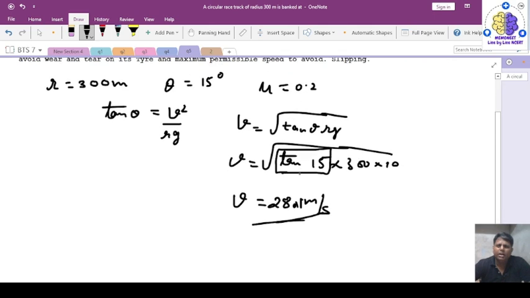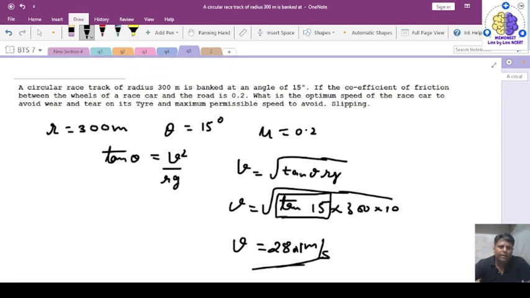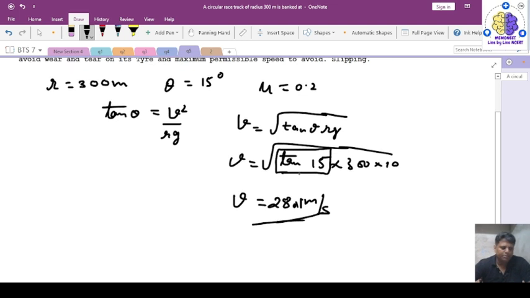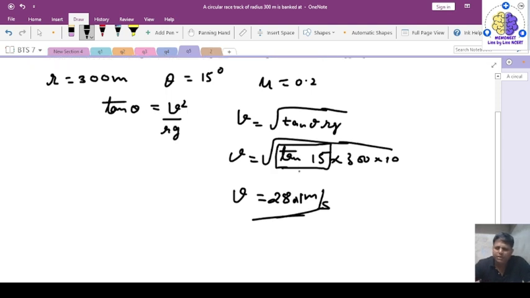Now in the second part, they are asking about the maximum permissible speed to avoid slipping.